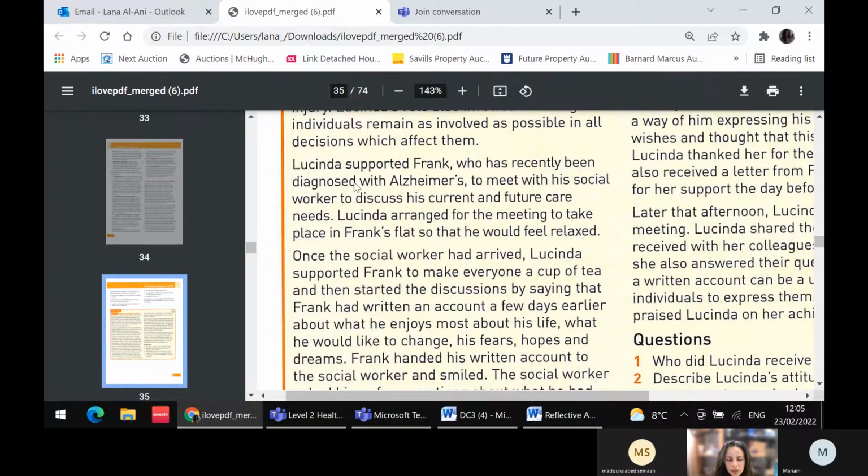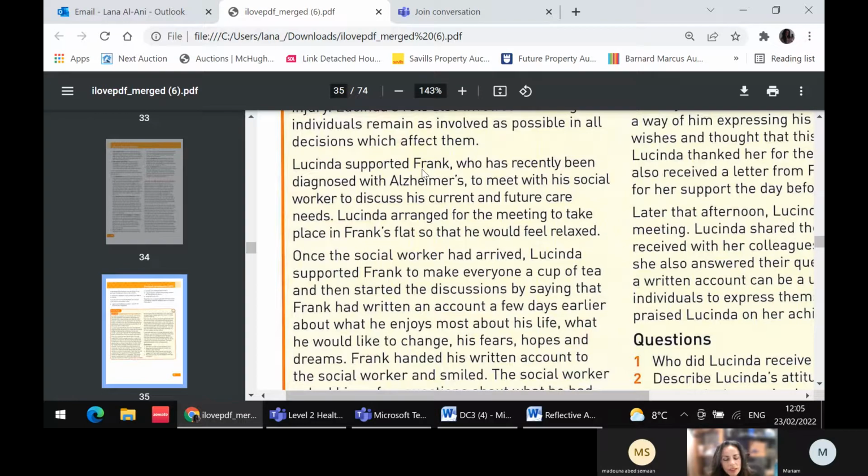And Lucinda supported Frank, who has recently been diagnosed with Alzheimer's. So now she starts talking about her client who has Alzheimer's, to meet his social worker to discuss his current and future care needs. So she arranged the meeting first of all, and then she took Frank to his flat to make him feel relaxed.